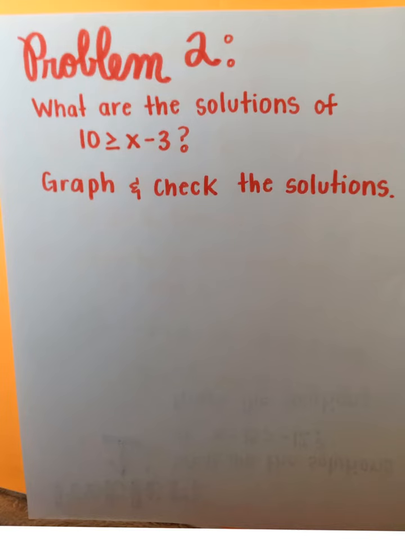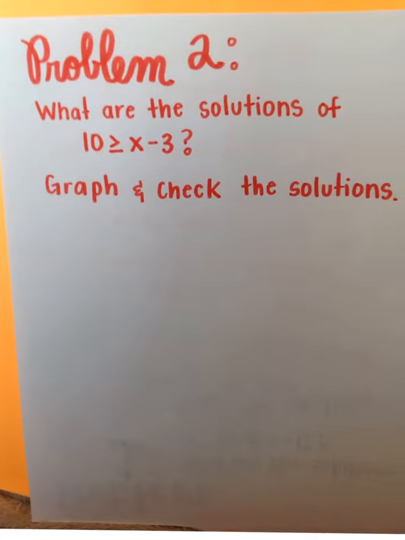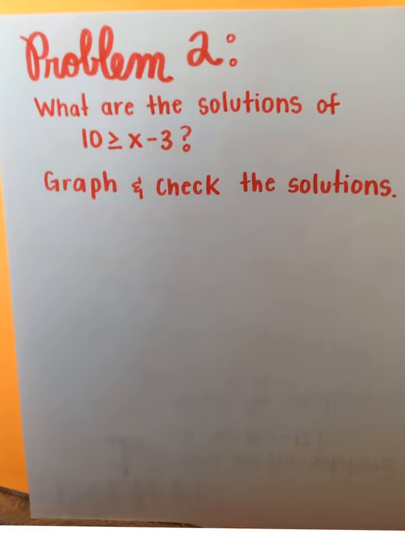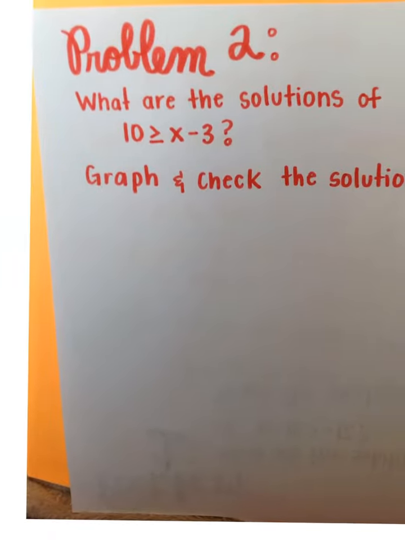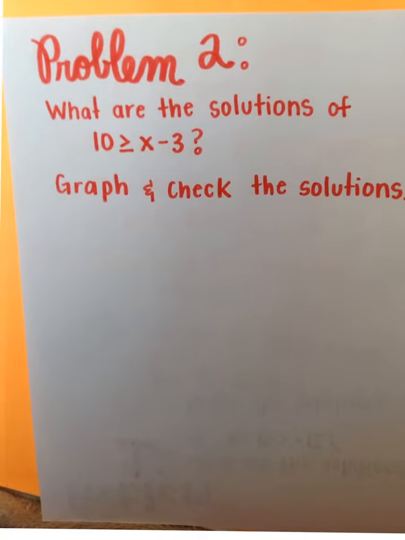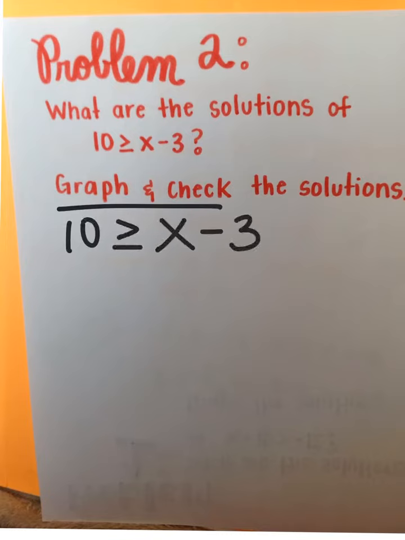Here's a second example of how we're going to use addition to solve this inequality. The problem asks us to graph and check. All right, so I'm going to rewrite the inequality, and it's 10 is greater than or equal to X minus 3.